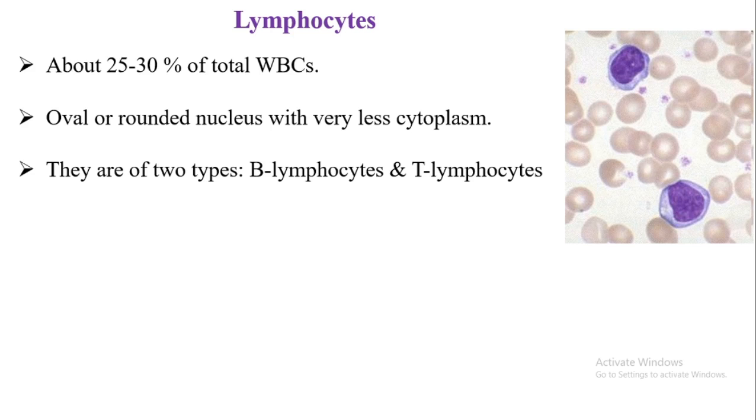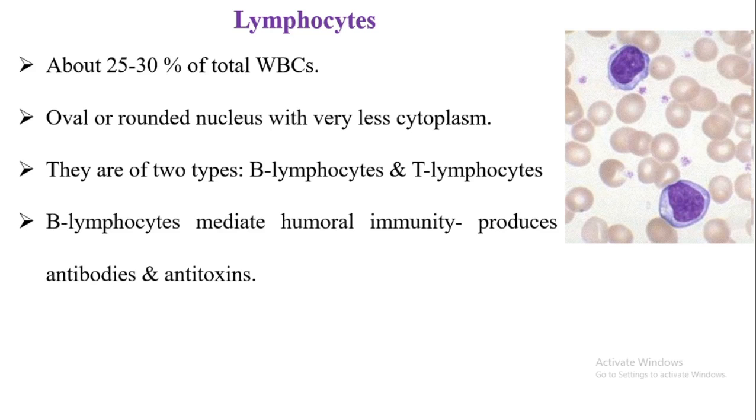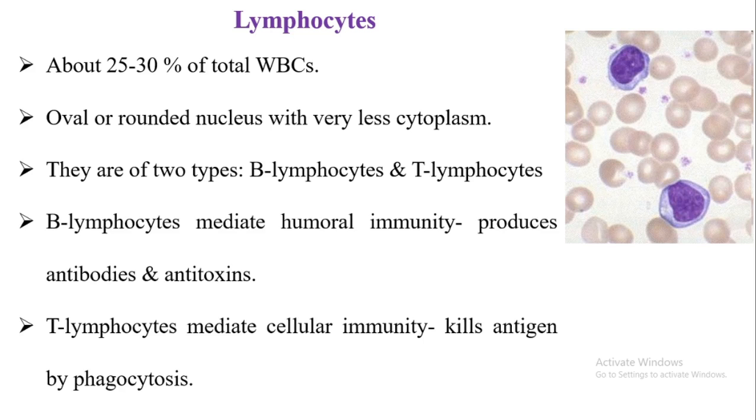According to their maturation site and occurrence, they are classified into two types, B lymphocyte and T lymphocyte. B lymphocytes mediate humoral immunity, that means they produce antibodies and antitoxins. T lymphocytes mediate cellular immunity, that means they kill the antigen by phagocytosis.